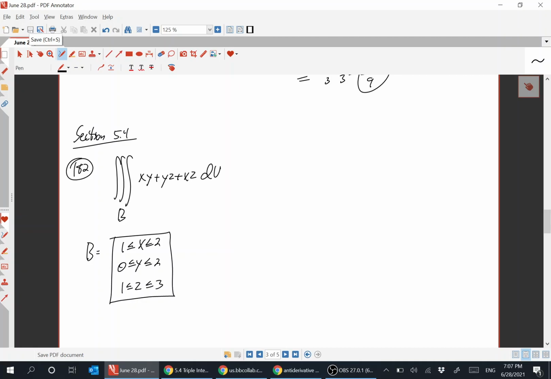Okay, so to calculate the triple integral, we set up a triple iterated integral in any order that we like because it's a box. You can do this iterated integral in any order that you want.